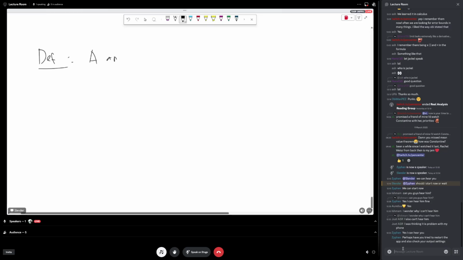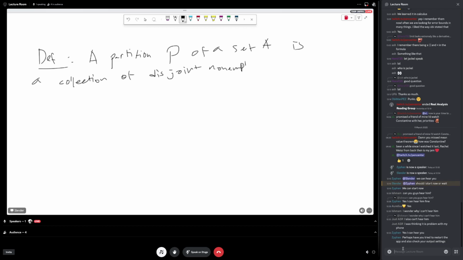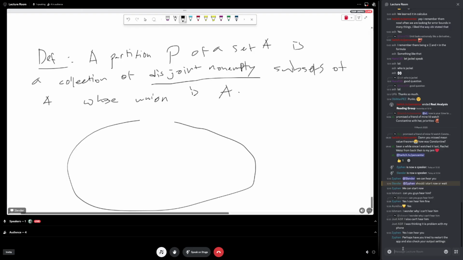So a partition P of a set A is a collection of disjoint non-empty subsets of A whose union is A.